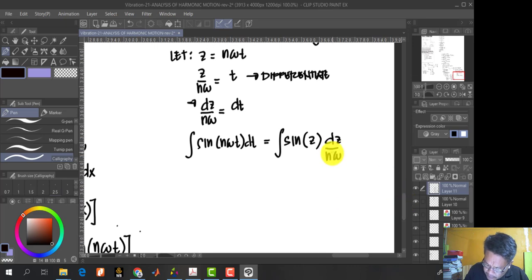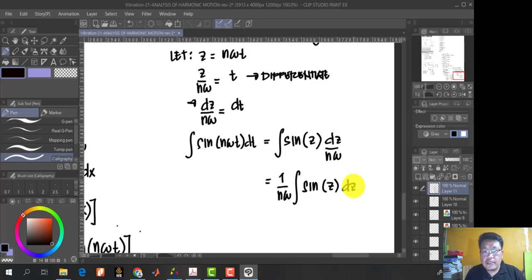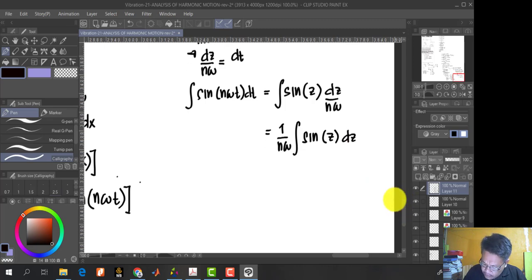So from here, you will notice we have the constant, which is n angular velocity. So again, I can take that out, all over n angular velocity. So that will be sine of z and dz. So this one we can integrate.